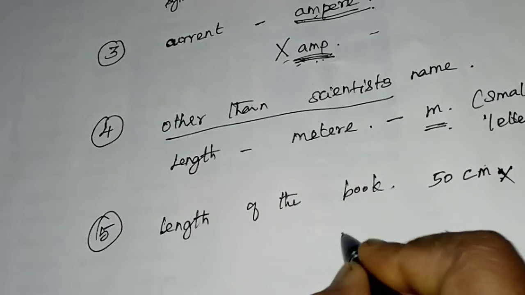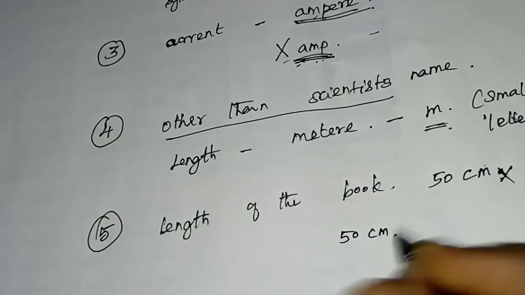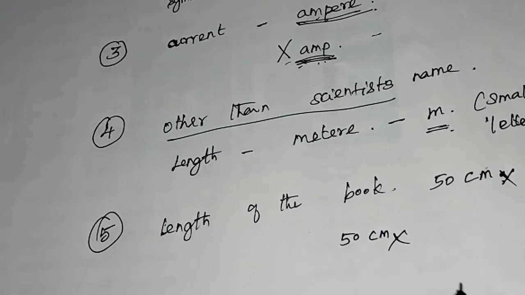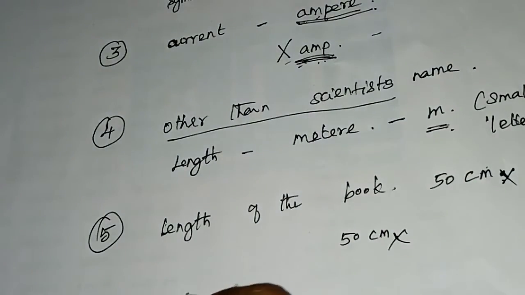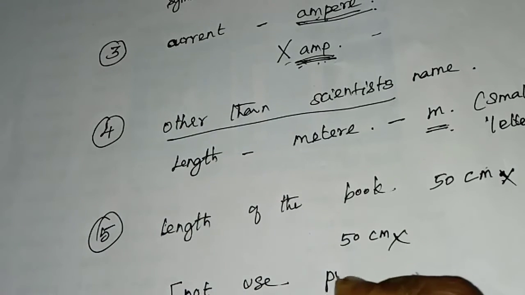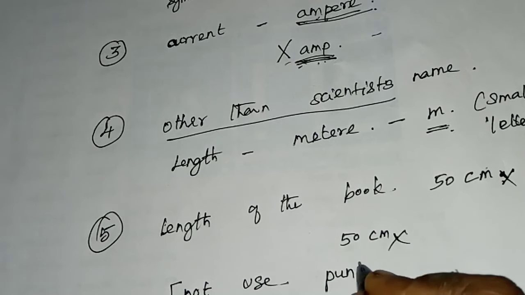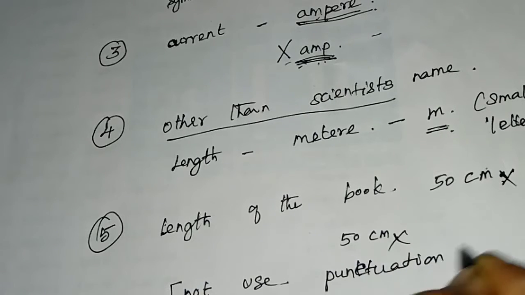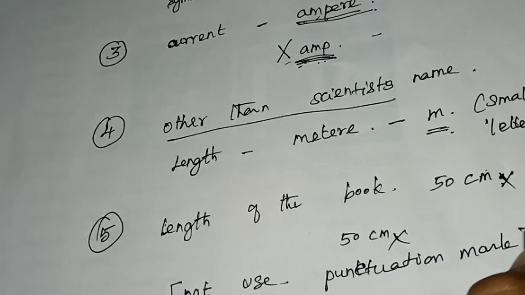That means no full stop after 50 centimeter. All punctuation should be avoided, so you should not use any punctuation mark while writing the units.